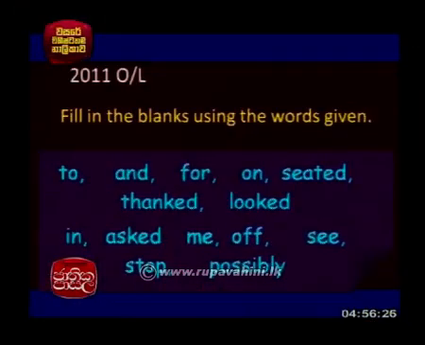The words given are: to, and, for, on, seated, thanked, looked, in, asked, asked me, off, see, stop, possibly. So these are the words. You'll be given a paragraph and you have to fill in the blanks suitably.